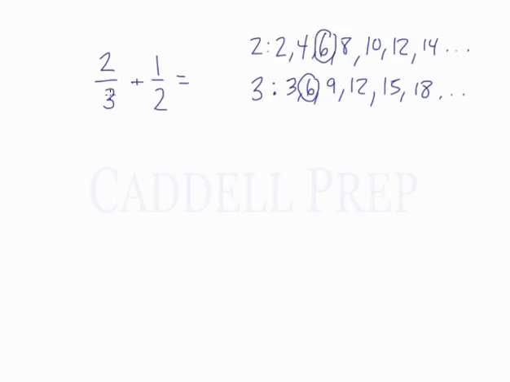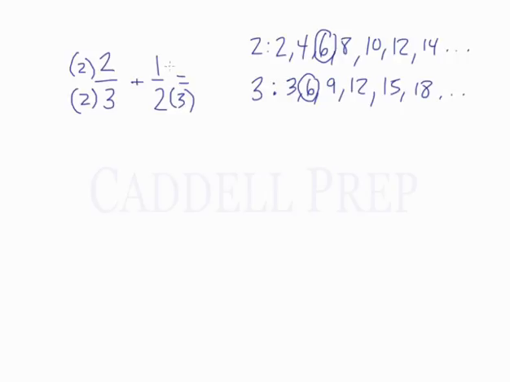Alright, so 2/3 plus 1/2. We have to make the denominators 6. In this fraction, we have to multiply the denominator by 2 to make it 6. So we also have to multiply this numerator by 2. In this fraction, we have to multiply this 2 by 3 to make it 6.